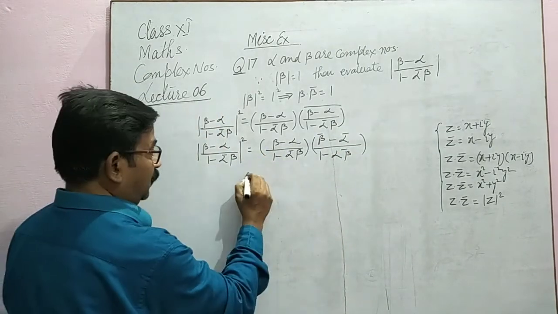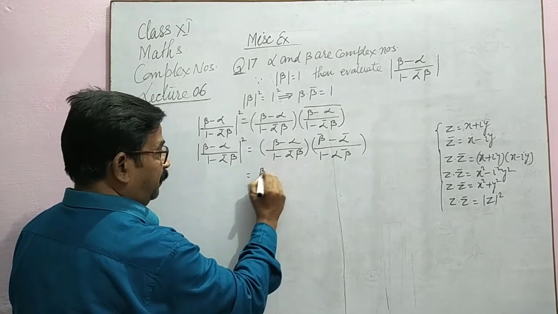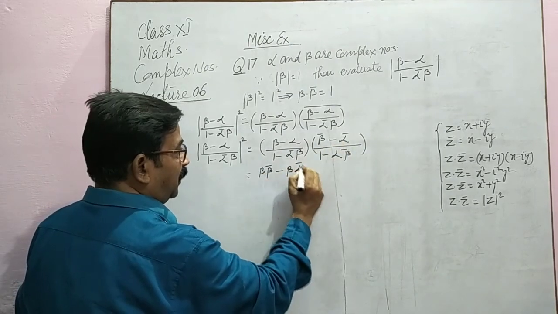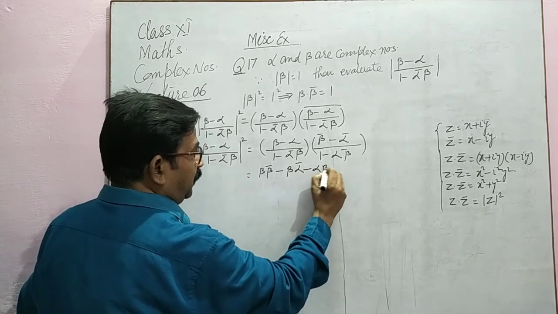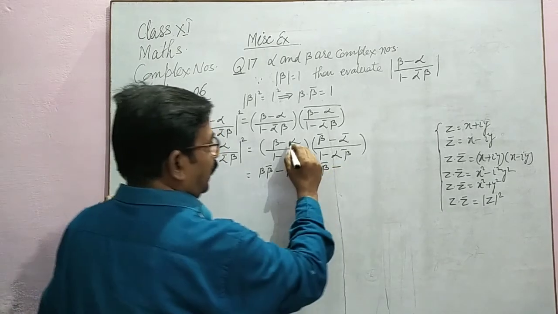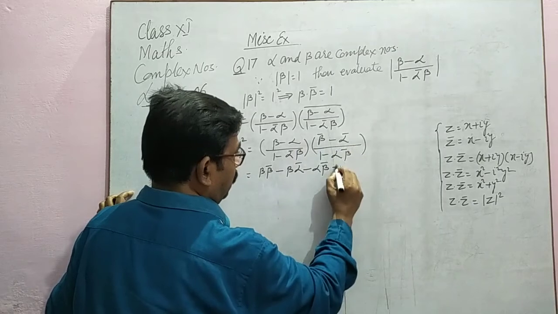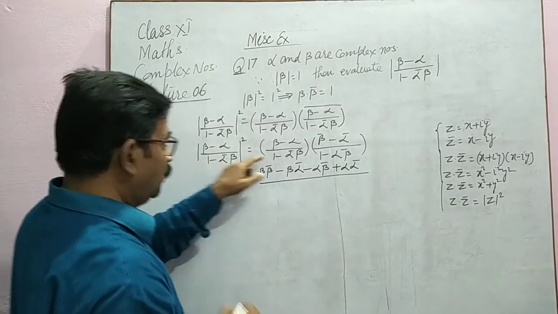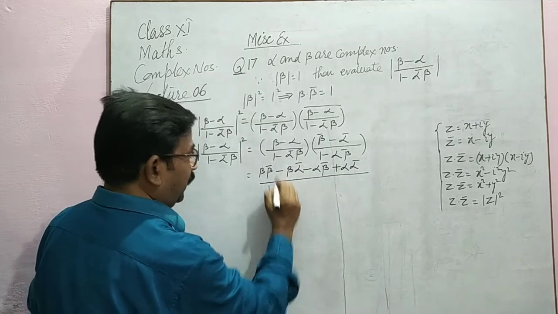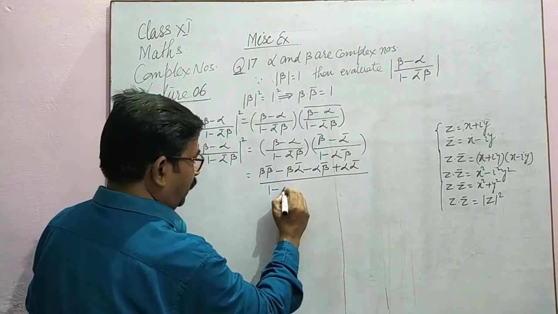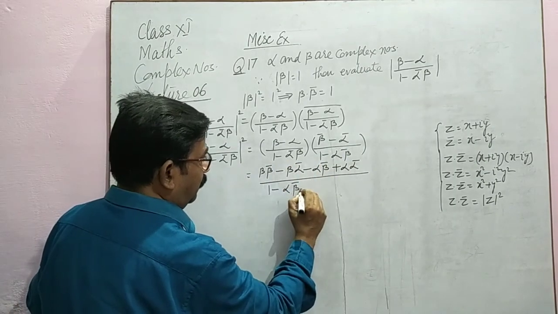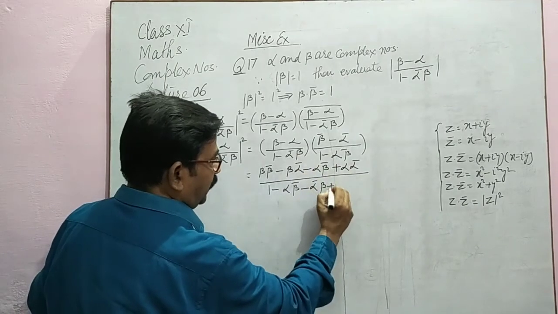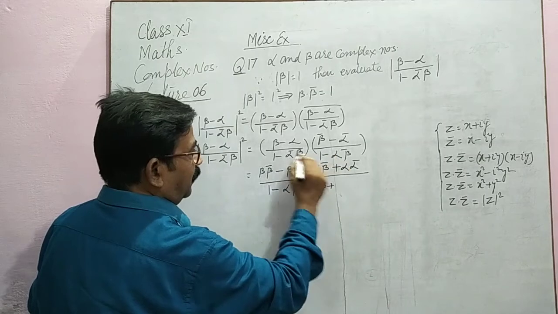Multiply this side. Beta into beta bar, beta into alpha bar minus beta into alpha bar, minus alpha into beta bar, minus into minus plus alpha alpha bar upon the denominator. One into one is 1, minus alpha beta bar, minus alpha bar beta, plus alpha bar alpha beta bar beta.